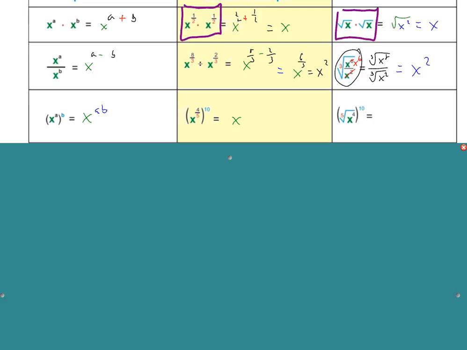Can you reduce before you multiply? Here, I better show the step or I'll lose some of you. So you got a 4/5 times a 10, and it might help if you put it 10 over 1. And now we can reduce the 10 and the 5. And we end up with what? X to the 8th.